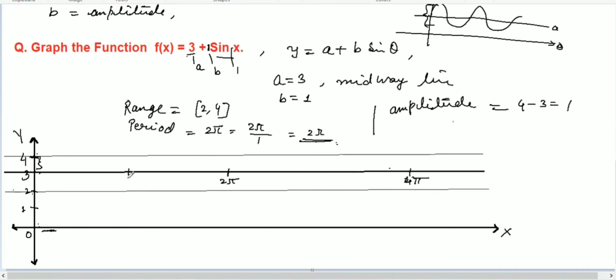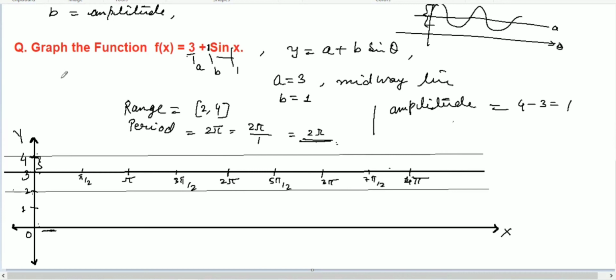Half of 0 and 2 pi will be pi, then here it will be pi over 2, and here 3 pi over 2. Then half of 2 pi and 4 pi will be 3 pi, and then half of 2 pi and 3 pi will be 5 pi over 2, and half of 2 pi and 4 pi will be 7 pi over 2.